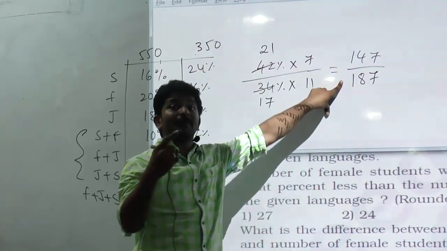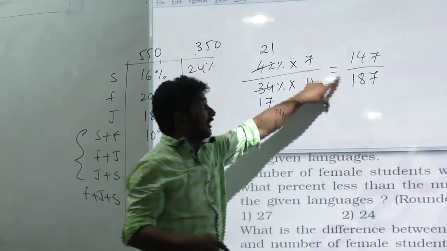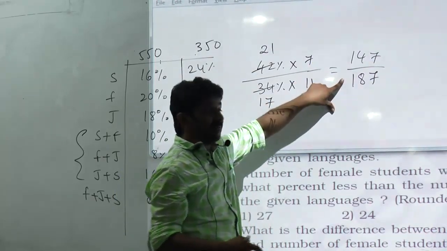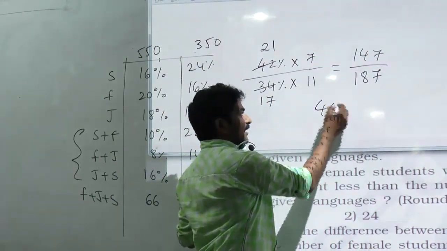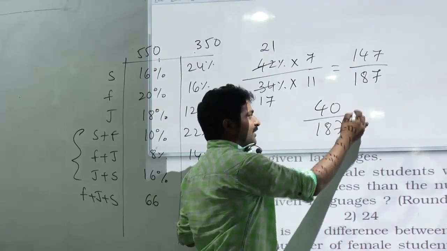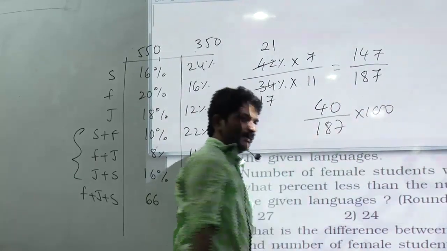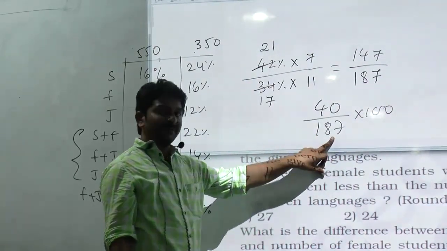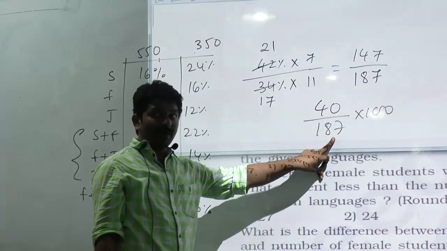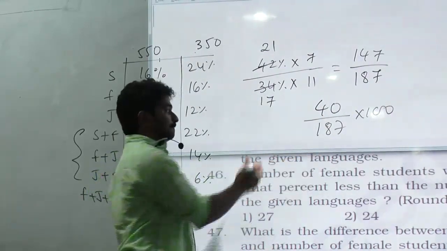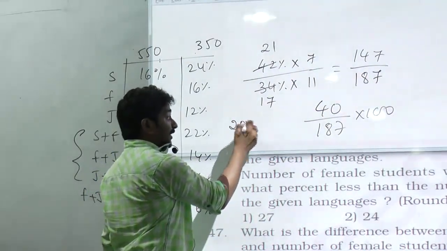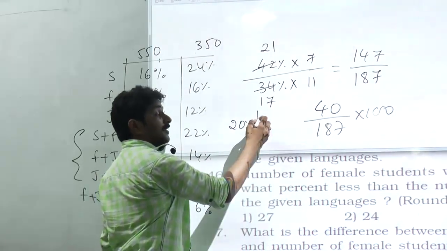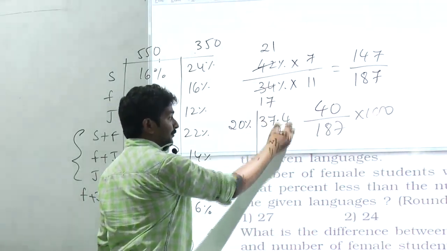You're asked about what percent less. 147 is how much less than 187? 40 out of 187 percentage, so into 100. 10% of denominator, 18.7. 20% is 37.4.